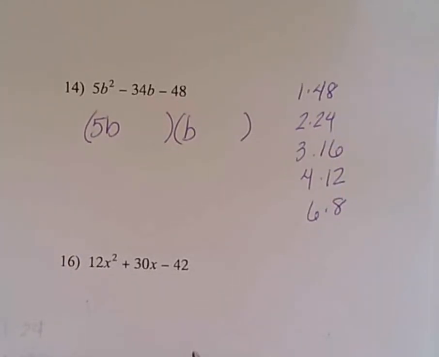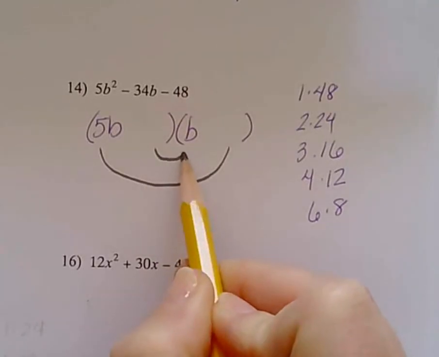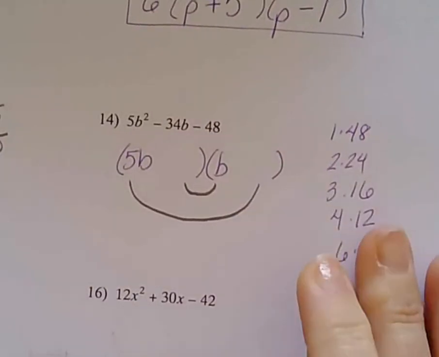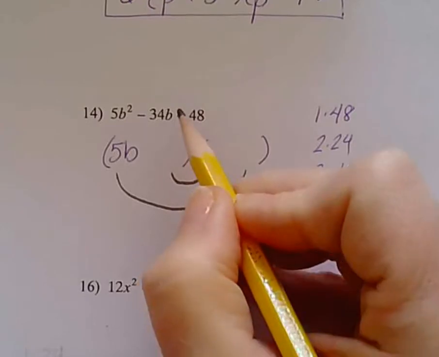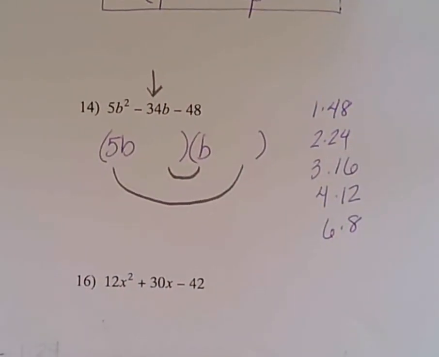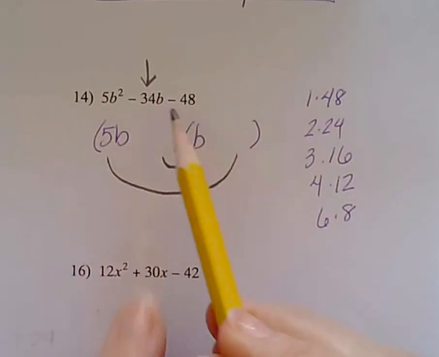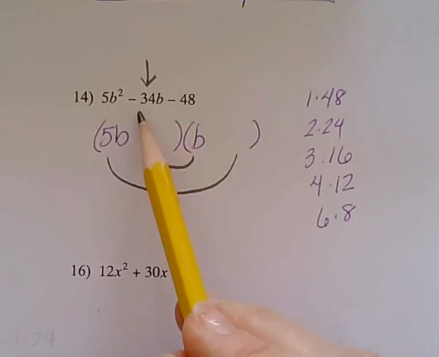Remember, when we multiply, or check these out, the outers and the inners have to subtract, there's your minus, to give you 34. We'll figure out signs later. But we are going to guess and check these numbers and subtract to get a 34.